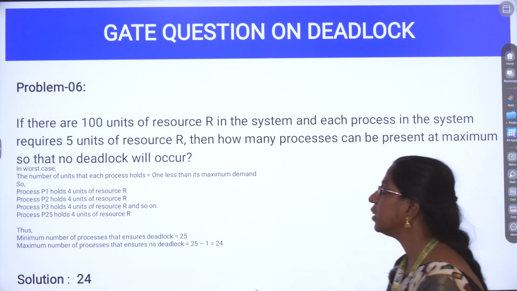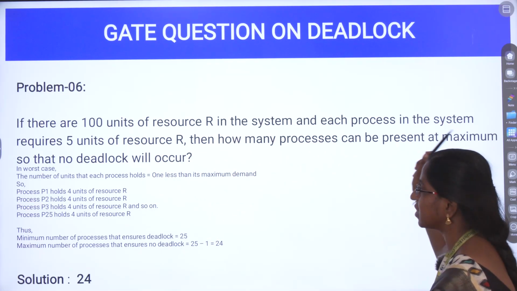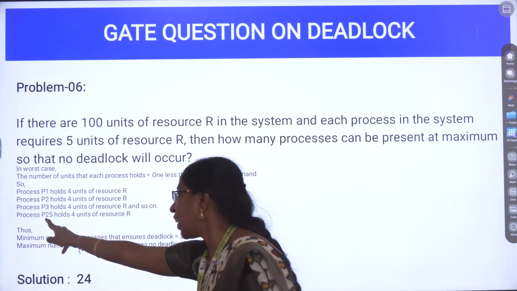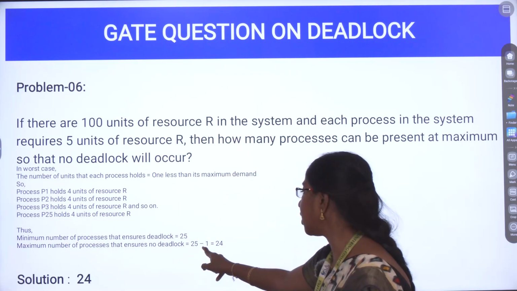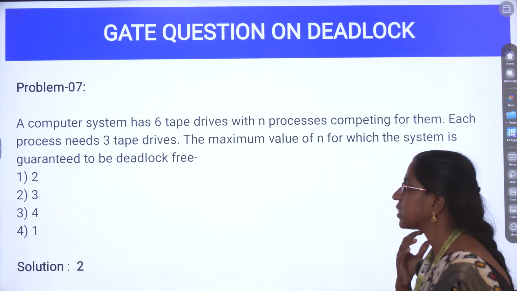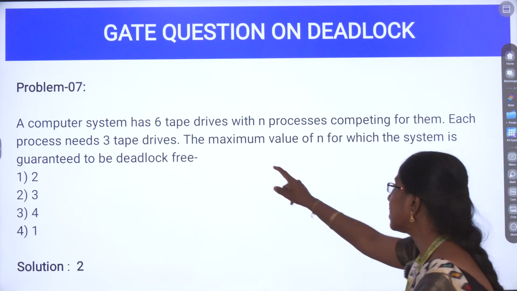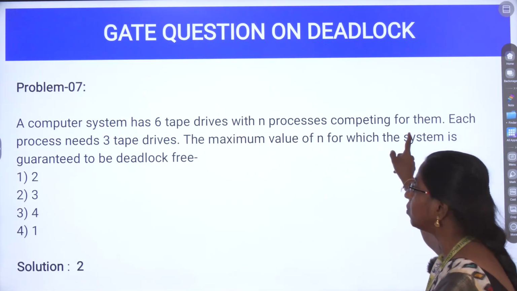At the time of P25, 4 units occupied, so 25 minus 1, 24. So the answer is 24.